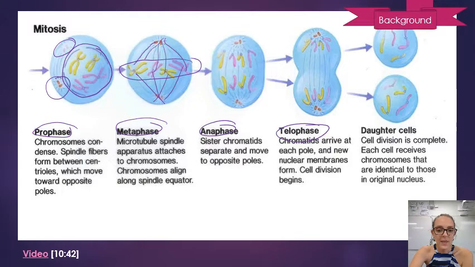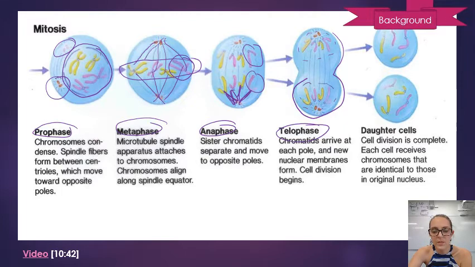In anaphase, we get the spindle fibers contracting, and what happens is now that they've attached to our chromosomes, when they contract, they're going to pull apart our chromosomes and pull a separate chromatid to each side of the cell. In telophase, they're really stretched all the way to opposite ends, and we start to see this budding happening, and we start to see the nuclear pore starting to reassemble back around our chromatids.